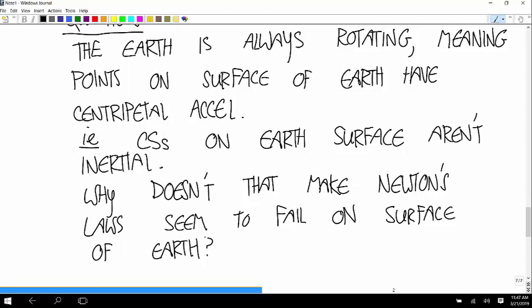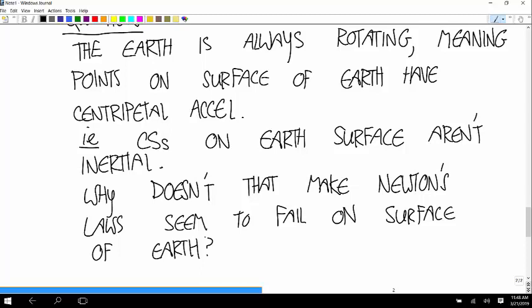Anybody have a guess, a hypothesis? Normally, when we set up a coordinate system for an experiment, we just assume that this table has no acceleration, so we use it like it's an inertial coordinate system, and we see that Newton's laws seem to work.